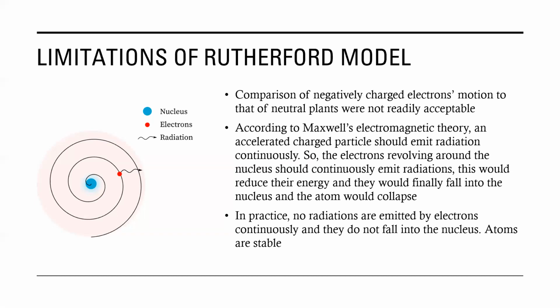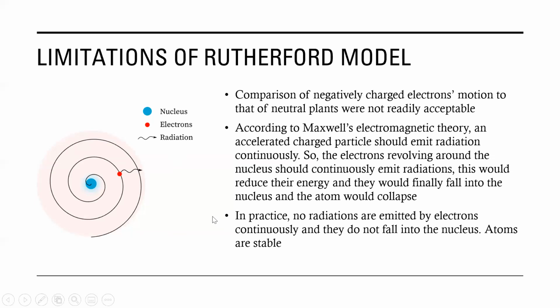How are they produced? By accelerated charges. So whenever a charge is accelerated, it is expected to emit radiation continuously. Now if an electron is making a circular motion, it has centripetal acceleration. So it's an accelerated charged particle, and it should emit radiation.